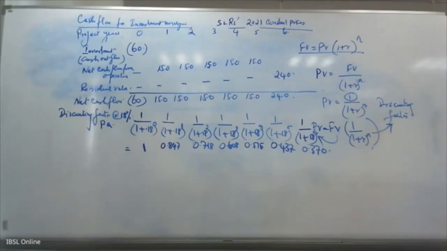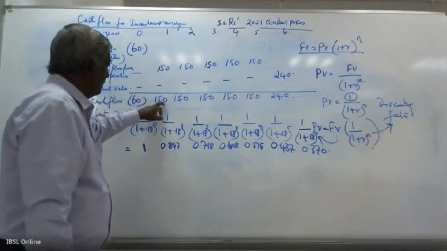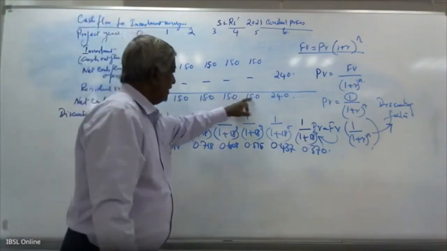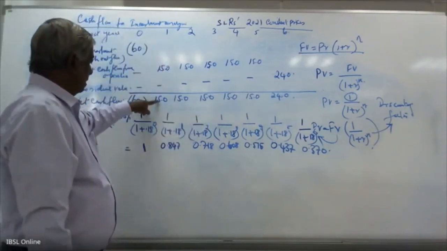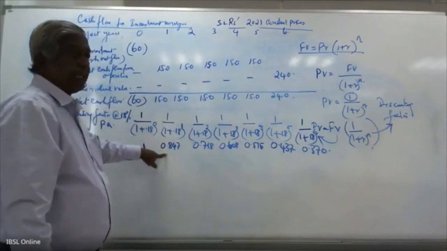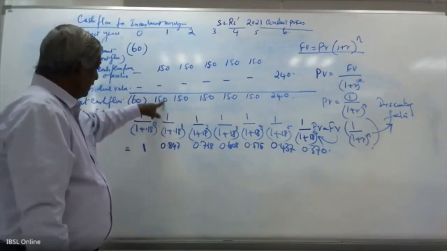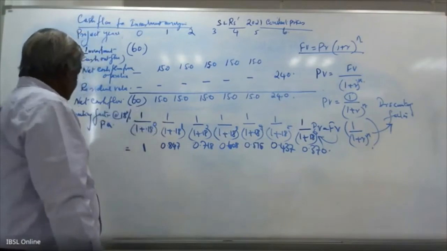So now what we have to do? Multiply those relevant future values by the relevant discounting factor to bring the value to the present value.